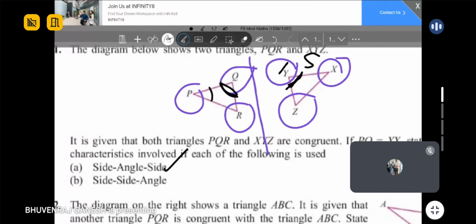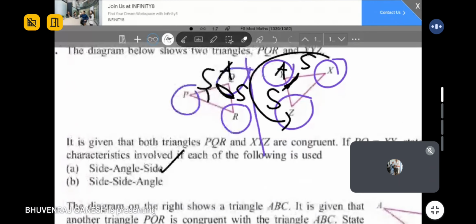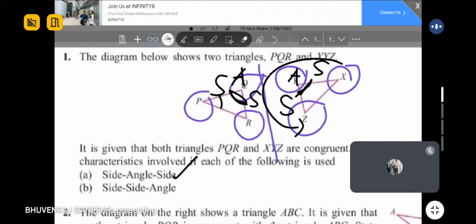S, A, S. Kamu tengok apa yang kamu kena bandingkan. You see what you are comparing. If you are comparing two sides, one angle, SAS. Okay, same like here. S, S, A, S. Because we compare all these lengths dan sudut. So that's why you have SAS. Understand guys? Boleh faham? So this is for part A.